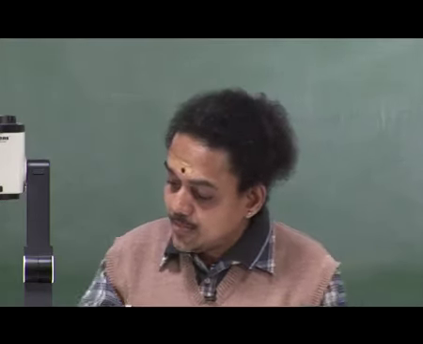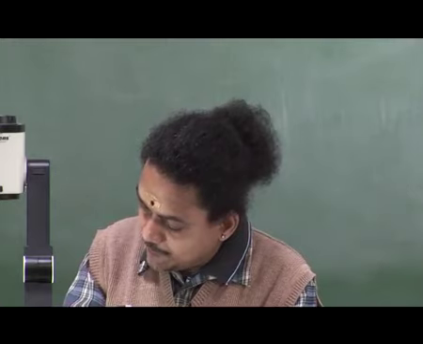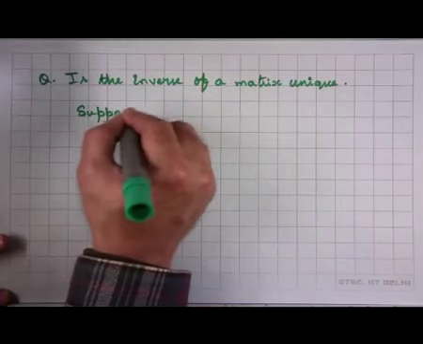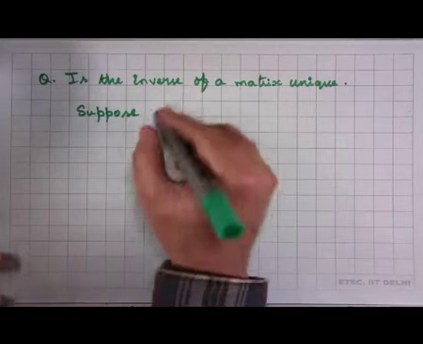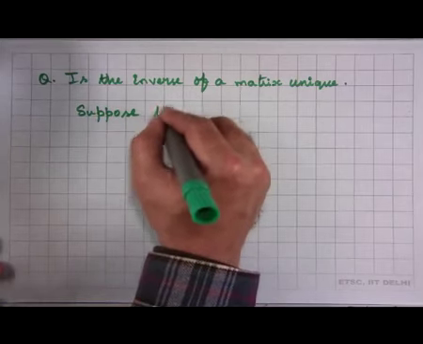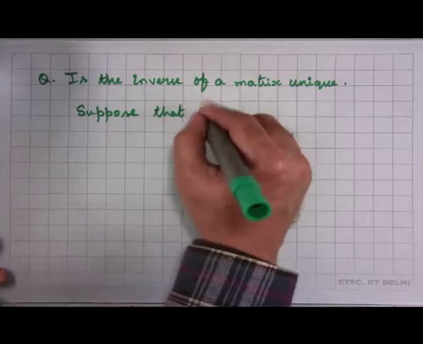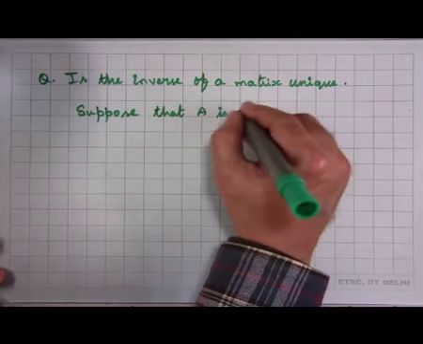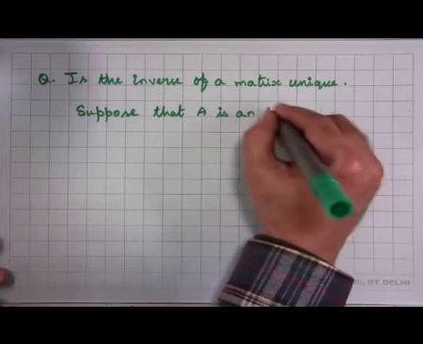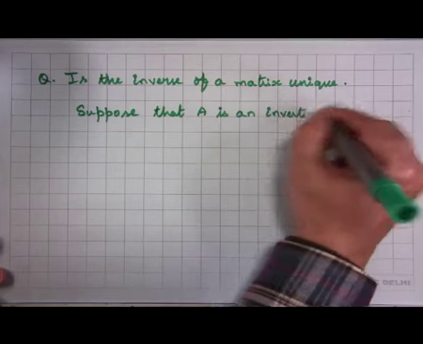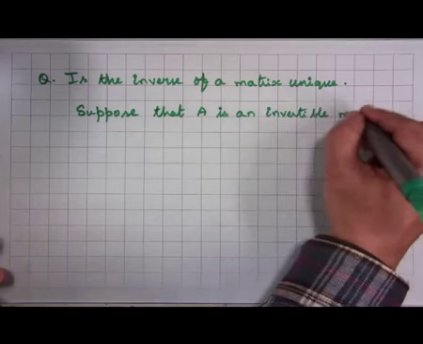And how to prove it? Suppose that A is an invertible matrix.